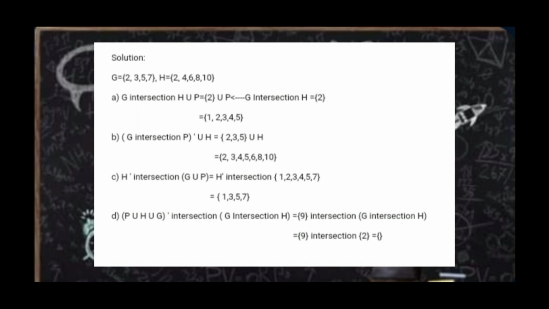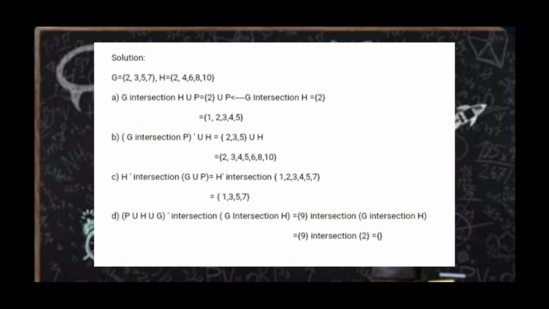C, H' ∩ (G ∪ P) is equal to H' intersection {1, 2, 3, 4, 5, 7}. The result is {1, 3, 5, 7}.